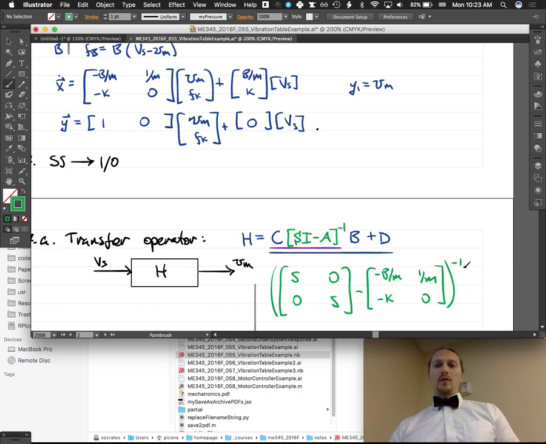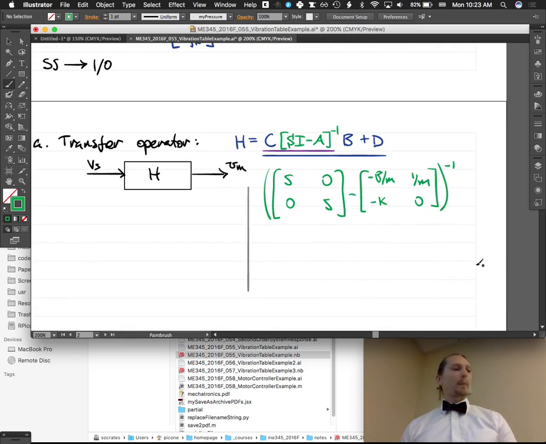So I want to compute the inverse of that. So that is equal to the matrix inverse of S plus B over M, right?